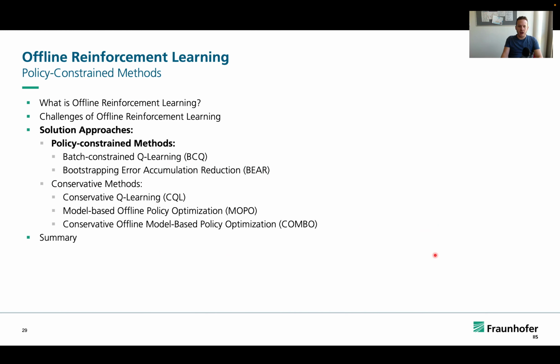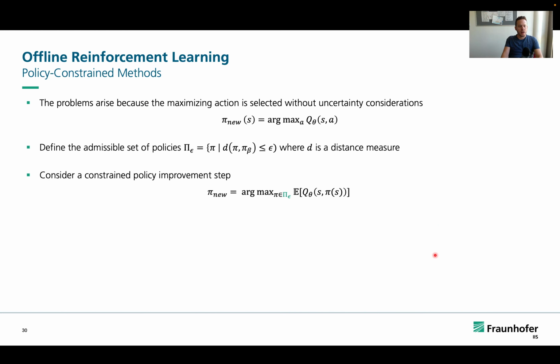Before we start with how BCQ is working, let's formalize a little bit how we can tackle this problem. The problem that policy constraint methods are addressing arises from bootstrapping the maximizing action, so that the action we sample from our policy is the argmax of the Q function.